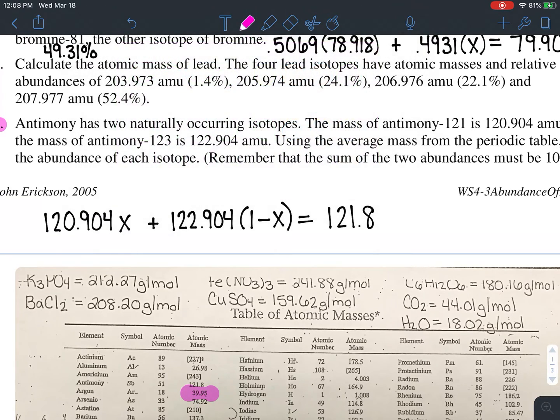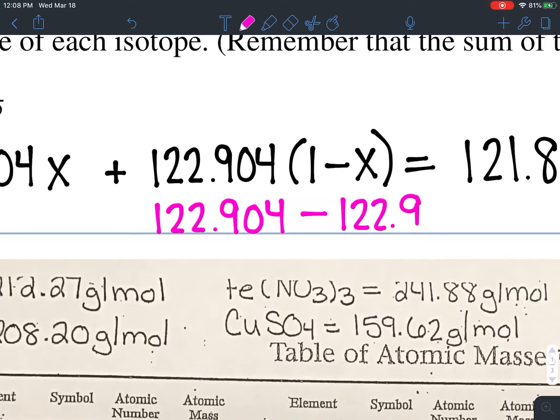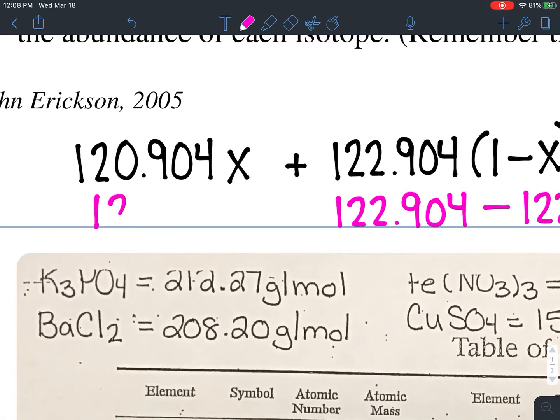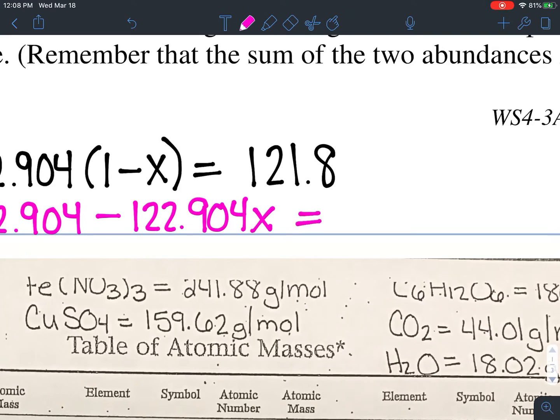Change up the color. So I have 122.904 minus 122.904x. Over here, I'll just rewrite this. Feel free to speed up the video at this point so you don't have to watch this process. You can just get to the answer.